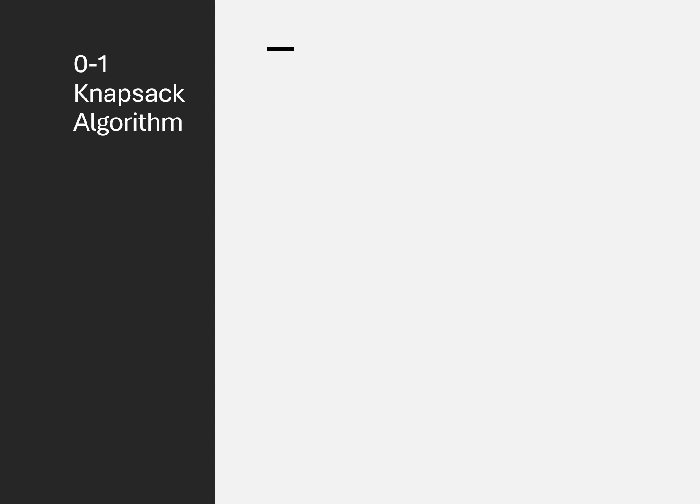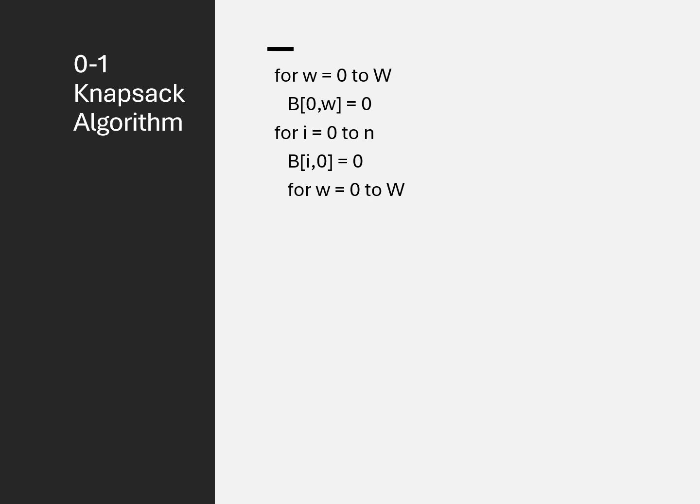N is the number of items and w is the capacity. So this is what we need, and just like LCS, we need to fill the first column and the first row as zeros, and then ranging from 0 to w, we will be checking whether the item weight is less than the capacity.